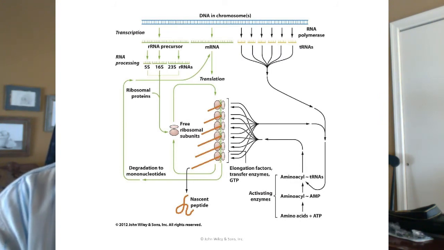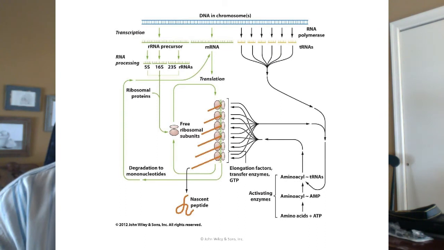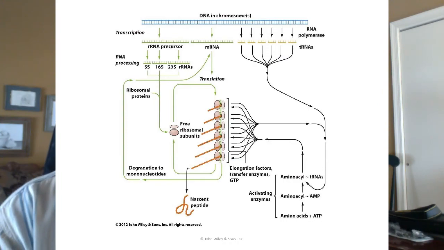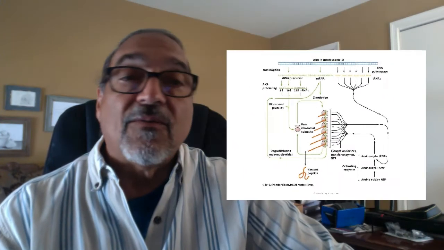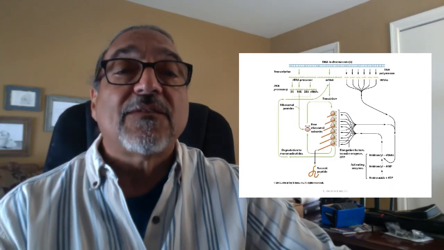There are different things that control the elongation step. There are different factors, different enzymes. I wouldn't worry about it. And each of these will create a nascent peptide. Nascent meaning newly born or brand new. So really complicated, but I want you to see the process, but mostly understand the basics.